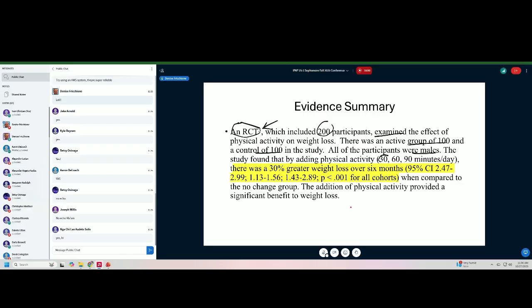Anybody? Yeah, absolutely. Is it proven? No, but I'm not saying it's proven. I'm just saying this, based on these statistics, yes, there was a significant benefit.